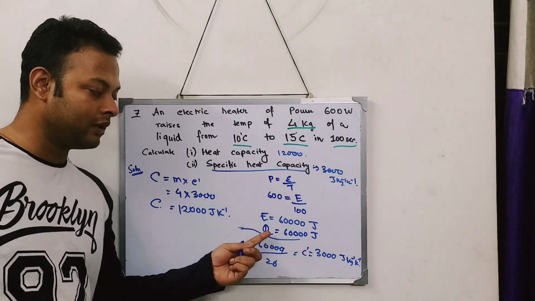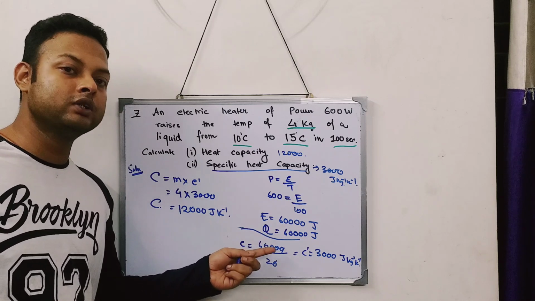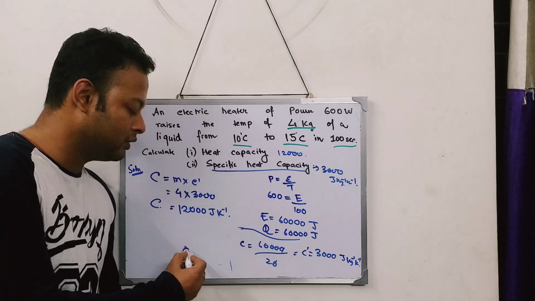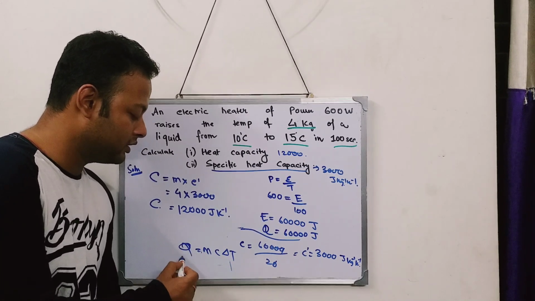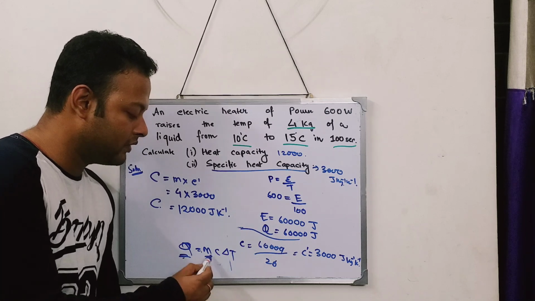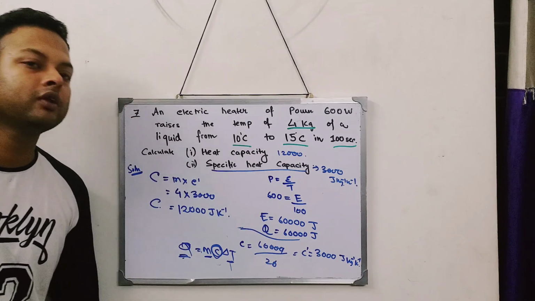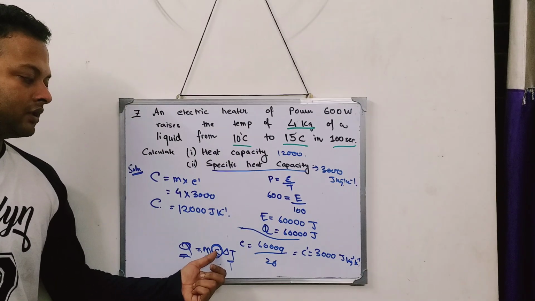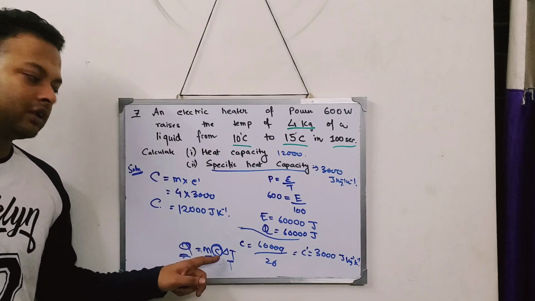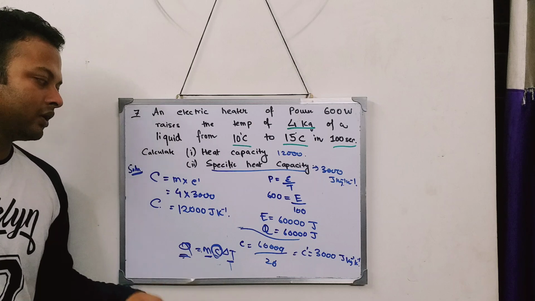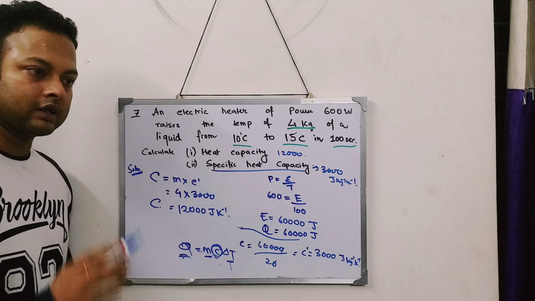Once you get it, put the value of Q into Q is equal to MC delta T. Then you can find the value of C. Once you get the value of specific capacity, just multiply it by the mass, and you can get the heat capacity also. So I hope you understood this sum.